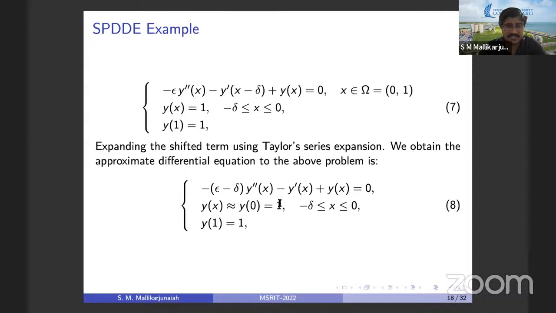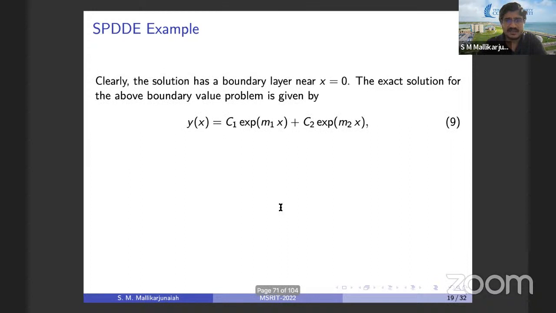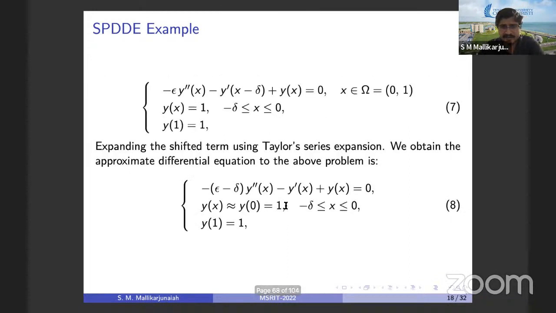What does it mean? It means if you take smaller and smaller epsilon, you will see that it creates a boundary layer near 0.